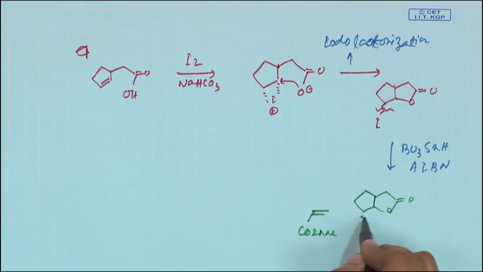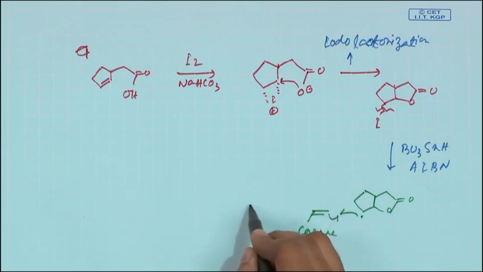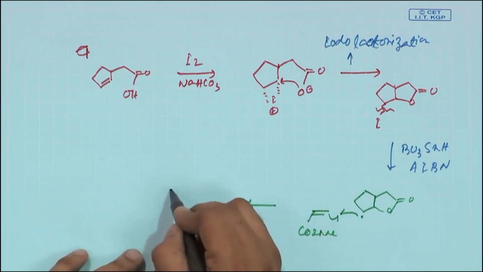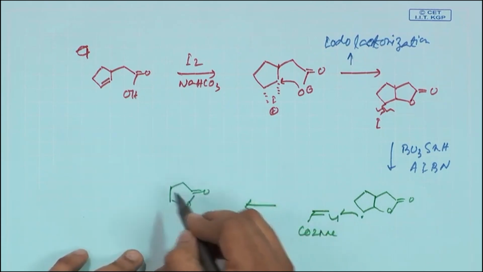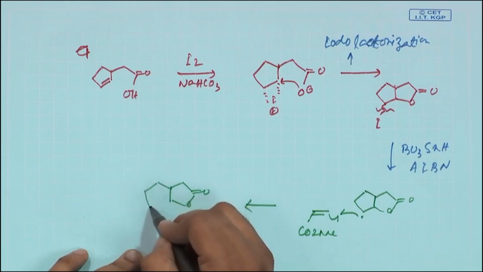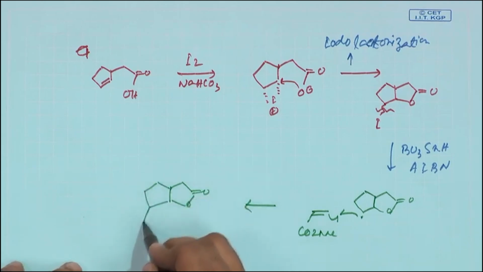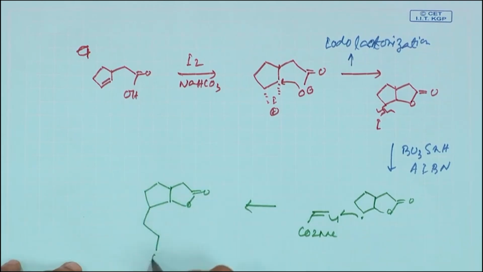This radical usually reacts with this double bond, and you get a CH2, CO2Me, and an initial radical here.